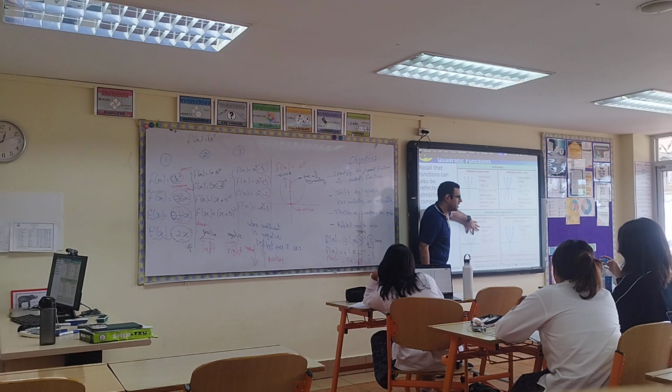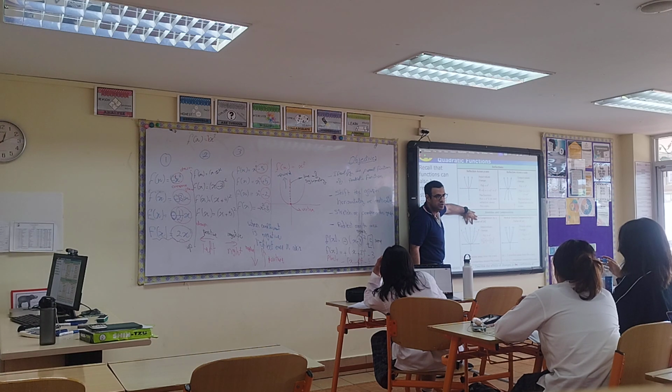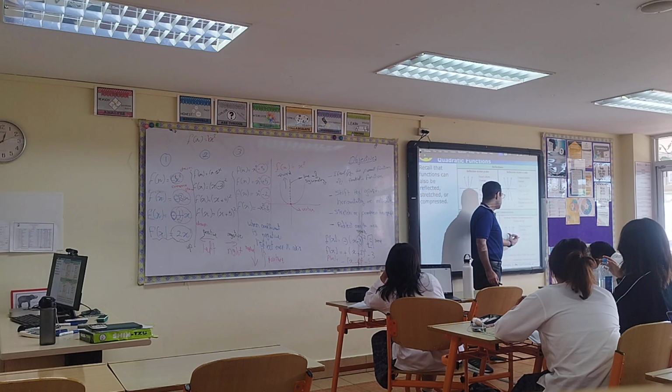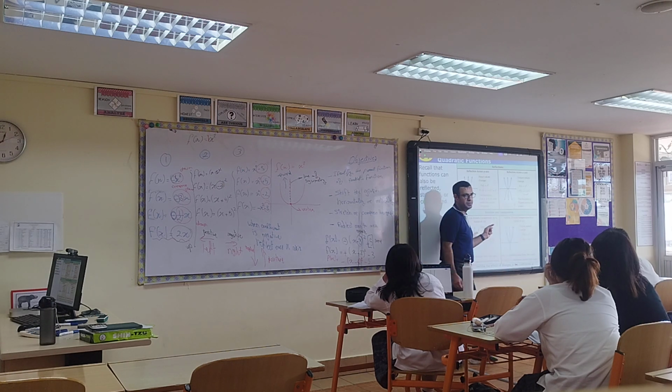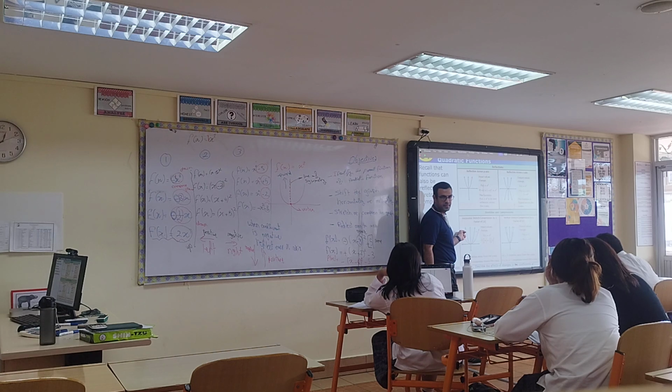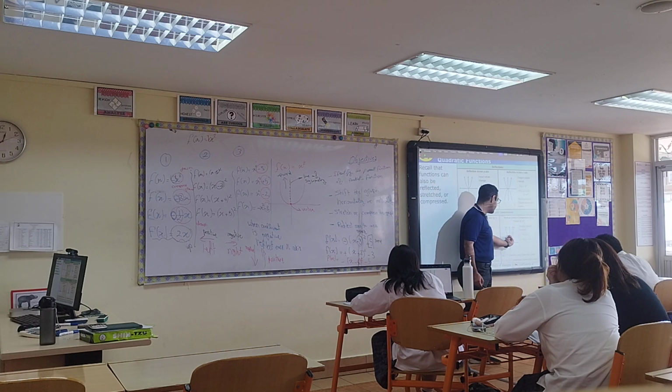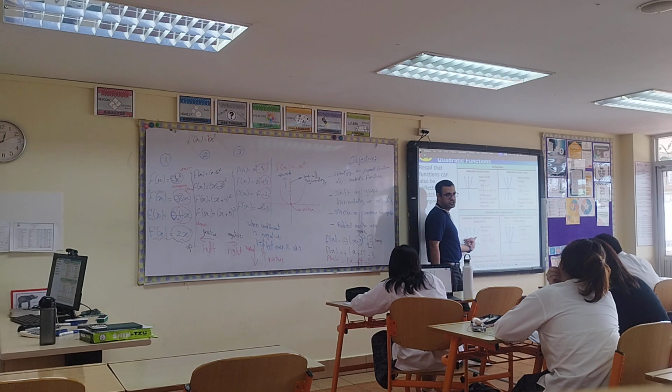Okay? When I have a number which is less than 1, it will stretch, it will get bigger. You see, this is the original function, the blue. When I have a small number, less than 1, it's going to stretch. When I have a bigger number, more than 1, it's going to shrink. It's going to be inside. So the blue is the parent all the time. Okay? So here it's going to compress, and this one is going to stretch.